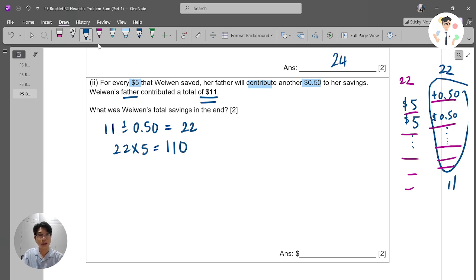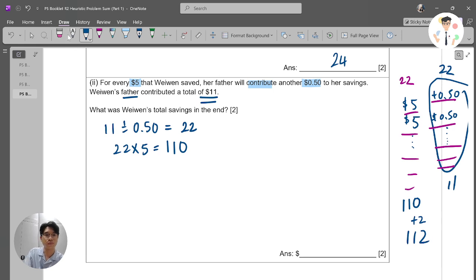Now, we know that she saved 110 here, and 11 here was contributed by the dad, while the 110 was saved by Wei Wen. Because the question did not specifically mention whether there is any extra, if I save $2, the dad doesn't contribute, so it can be 112 as well.